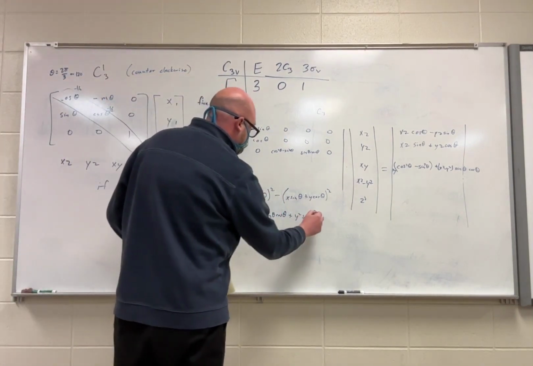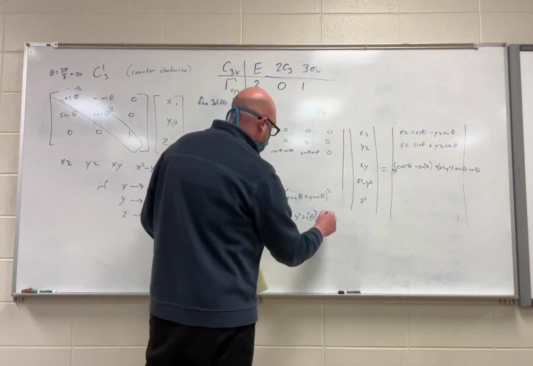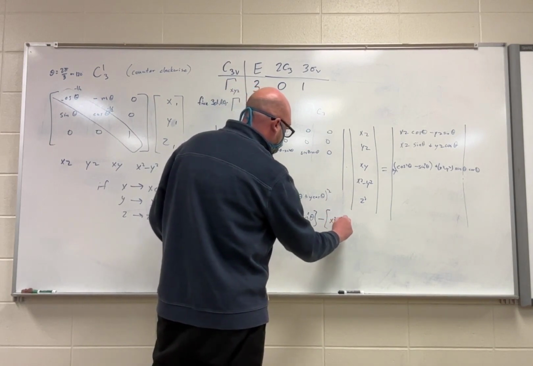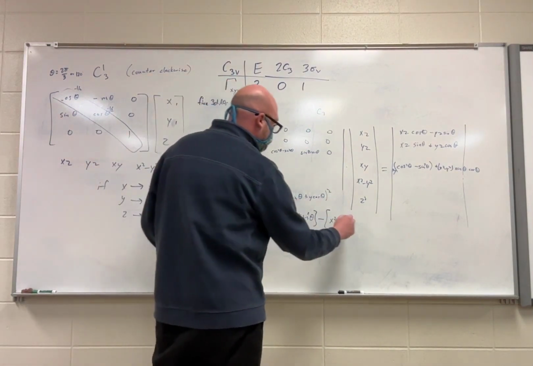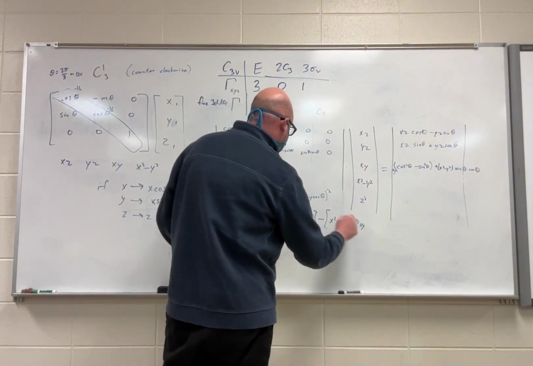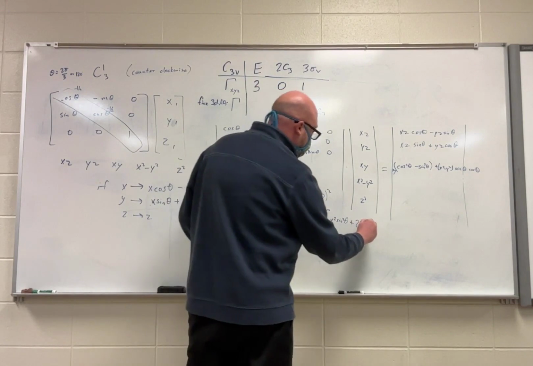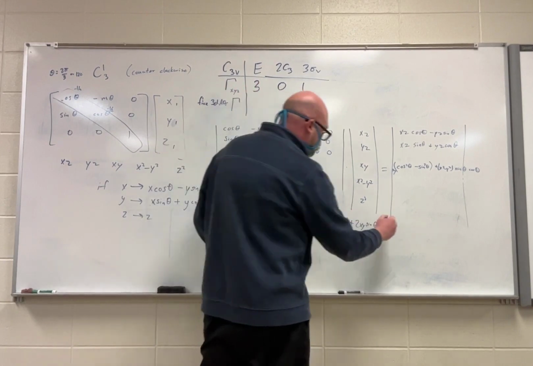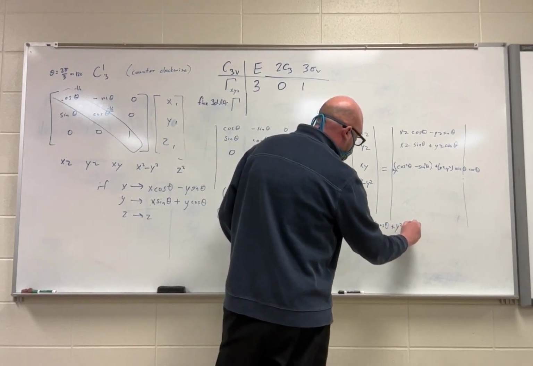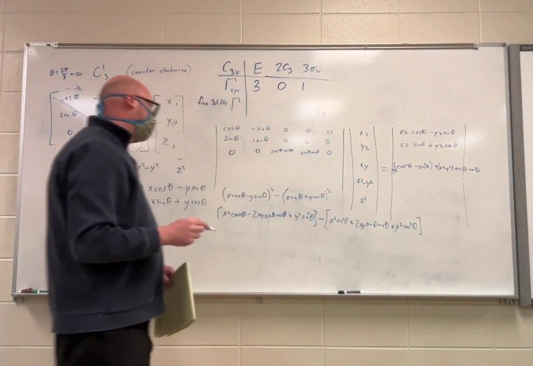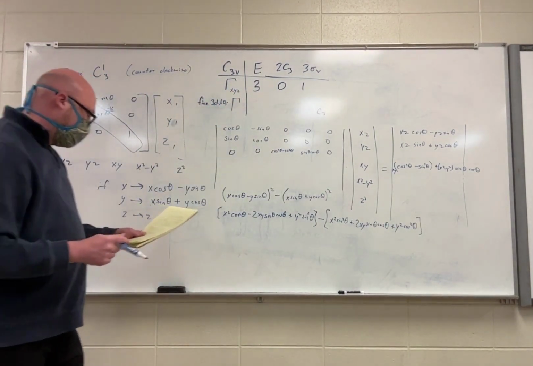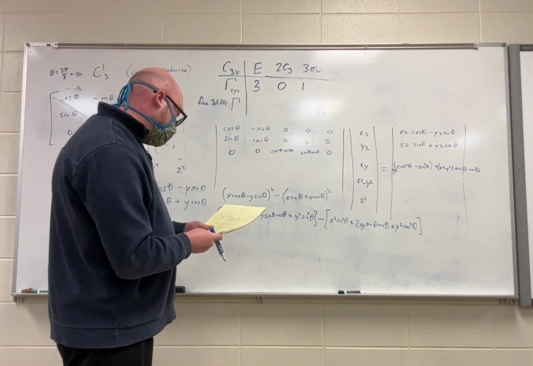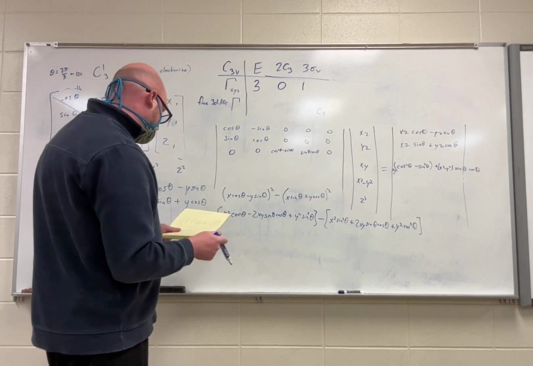So that's the first square minus the second square is going to be an x squared sine squared theta. And then we have 2xy sine theta cosine theta. And then plus a y squared cosine squared theta. Okay? So then you combine all of those. Make sure I didn't mess anything up so far. That looks good.